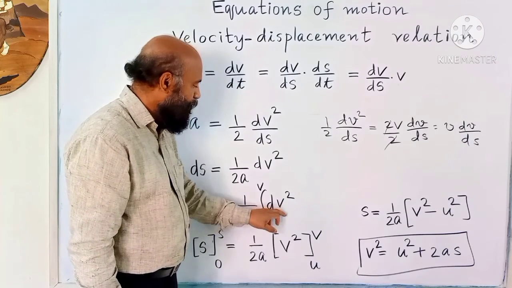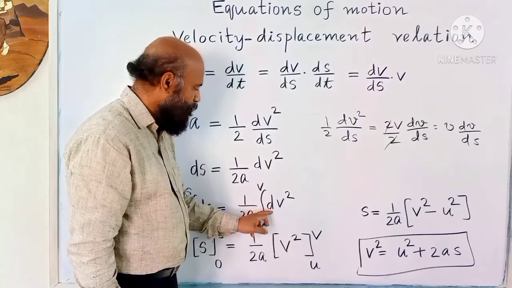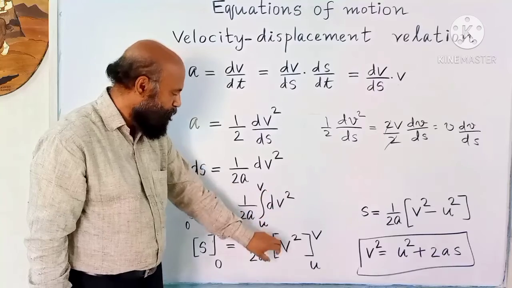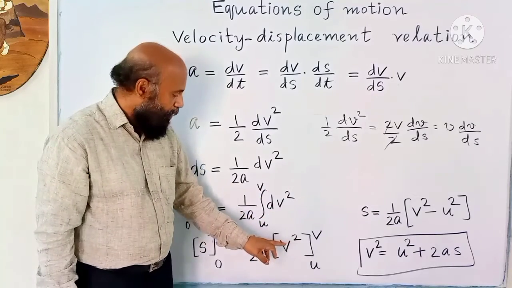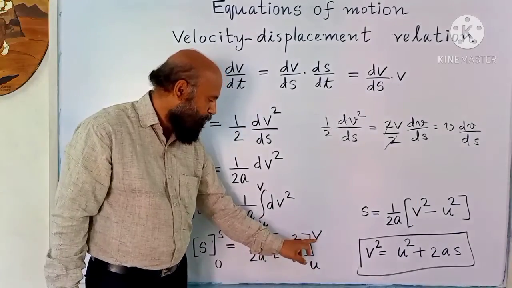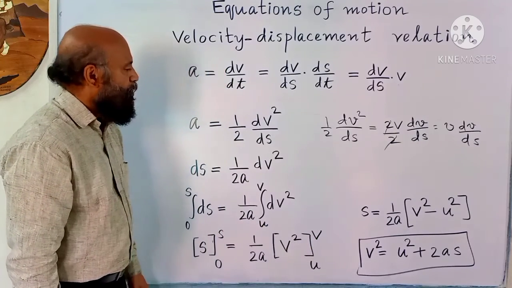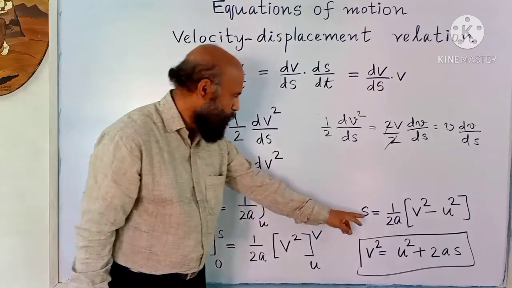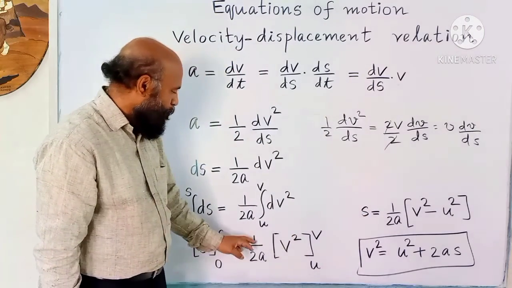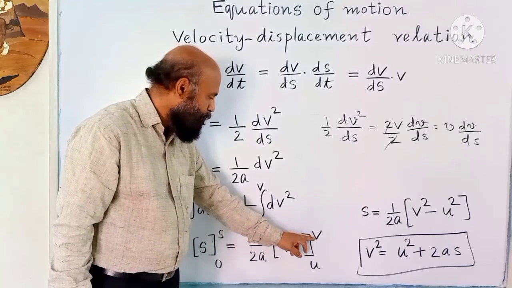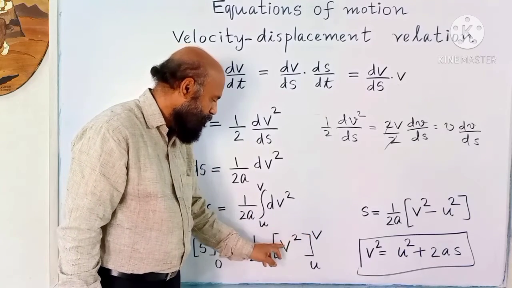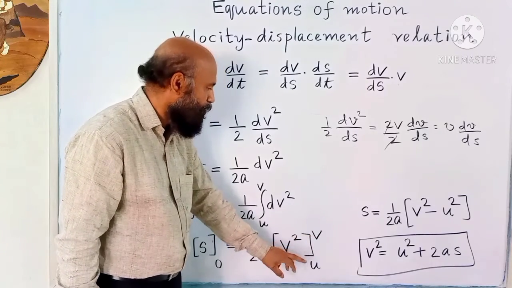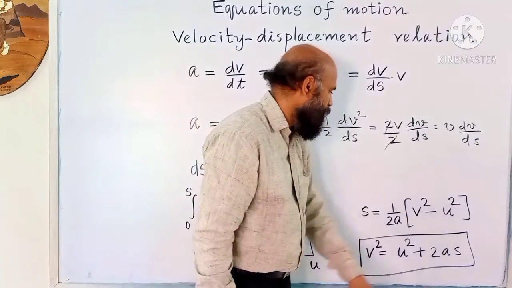Integral of dv square is v square. Then apply the limit. Lower limit is u, upper limit is v. Then apply the limits: s minus 0, so it is s. Now 1 by 2a, upper limit v, so v square minus lower limit u, so minus u square.